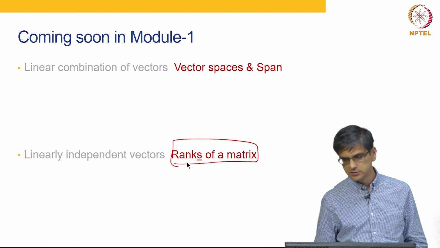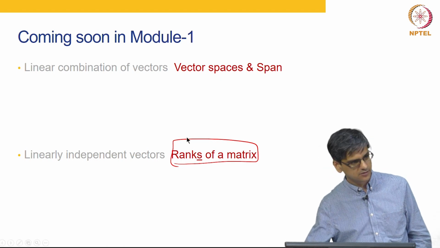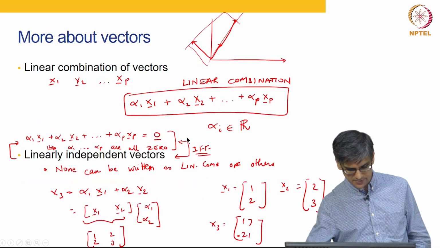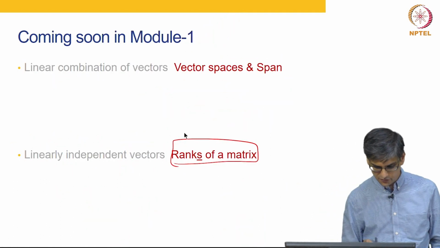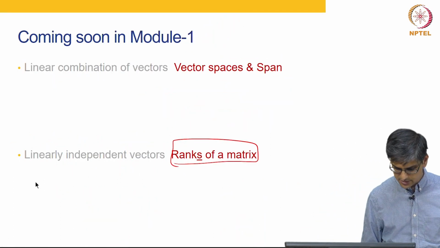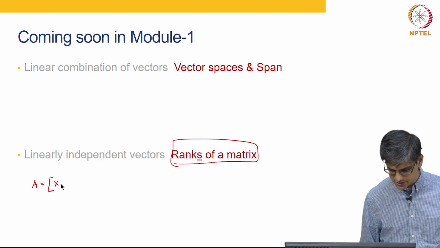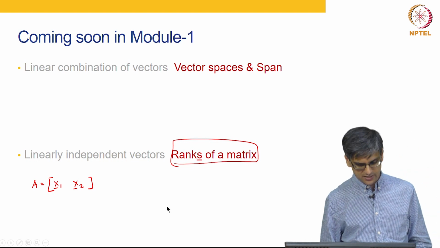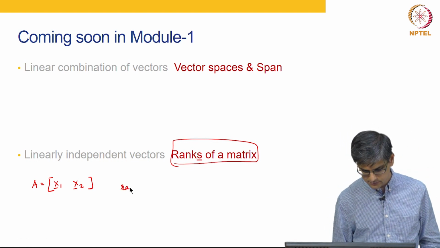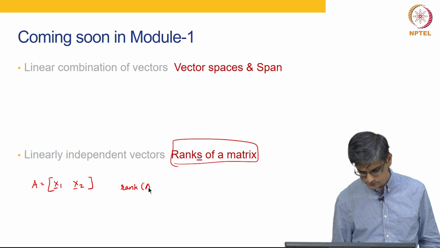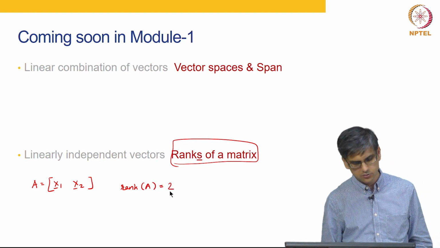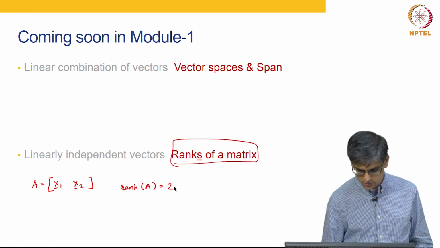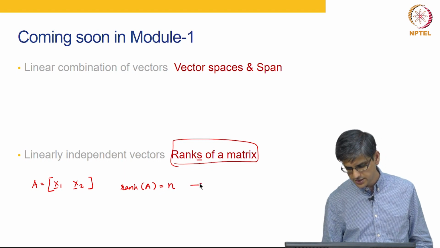The reason for this linear independence is because if you form a matrix, let us say A, which was x1 bar, x2 bar, if the rank of this matrix was equal to 2 or was equal to n, then these were linearly independent.